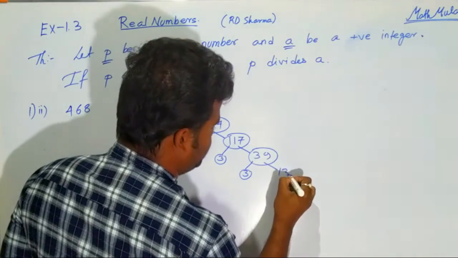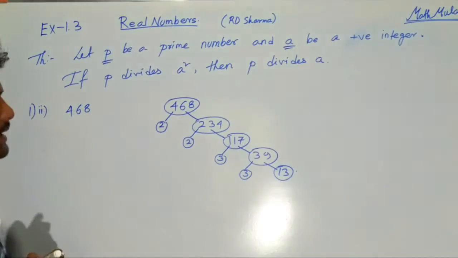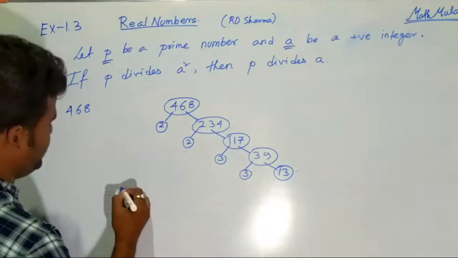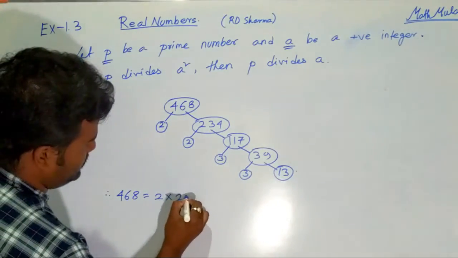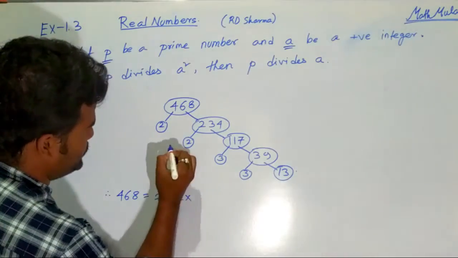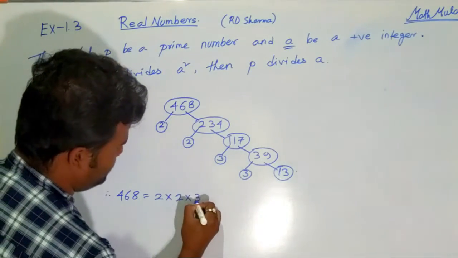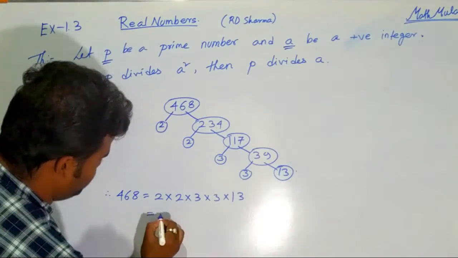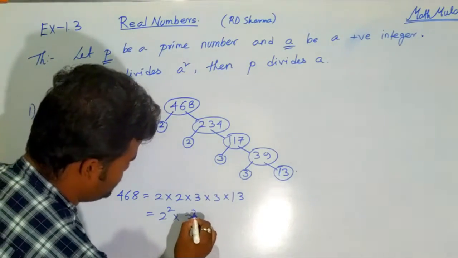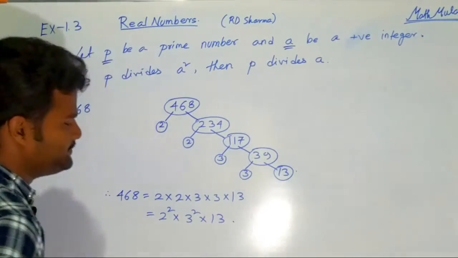Then it will be 13, and 13 is a prime number. We can express 468 as the product of the prime factors 2 into 2 into 3 into 3 into 13. That means 2 square into 3 square into 13.